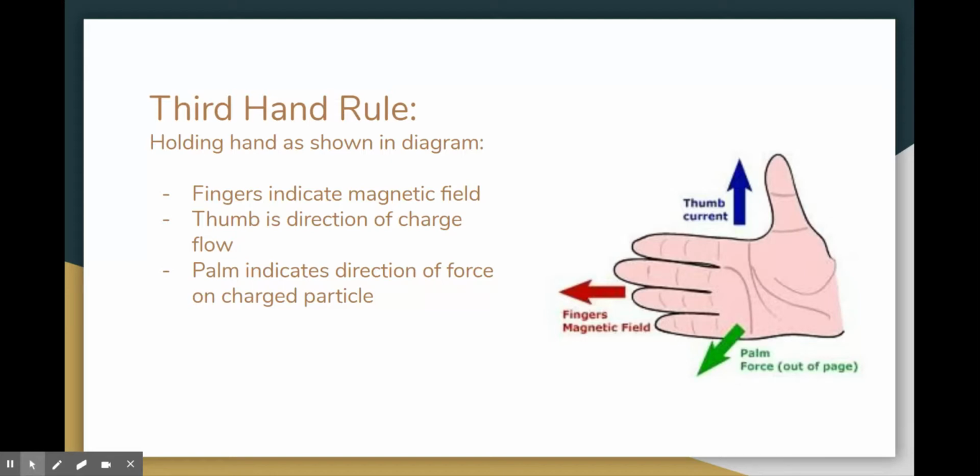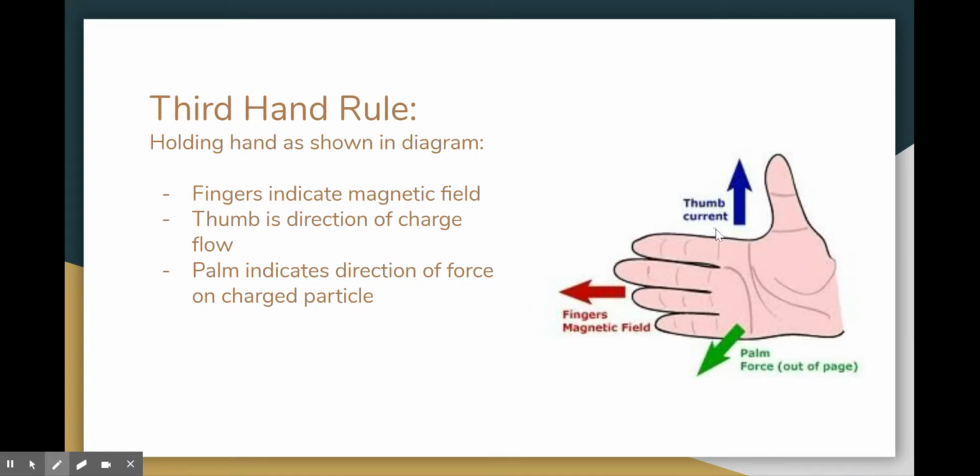Stated in words, the hand rule would say that if you hold your hand in this kind of orientation here, fingers out, thumb up. The key here is that the finger and the thumb are at 90 degrees to each other. So when you're done, fingers in one direction, thumb in the other, but there's a 90-degree angle between those two.